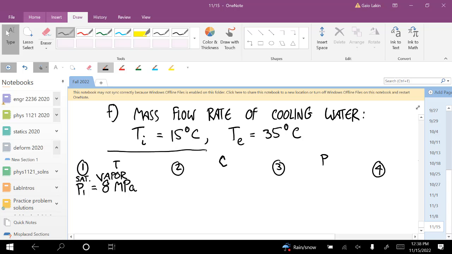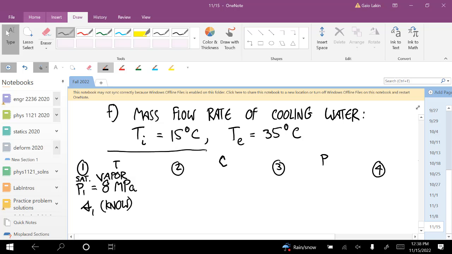So since it's a saturated vapor and we know the pressure, we can look anything up that we need. And I'm going to call this S1. Let's say we know this. I haven't looked it up yet. Well, I'll do that in a second. Okay, we know that because we can look it up.